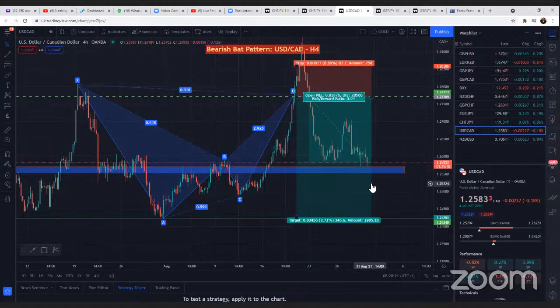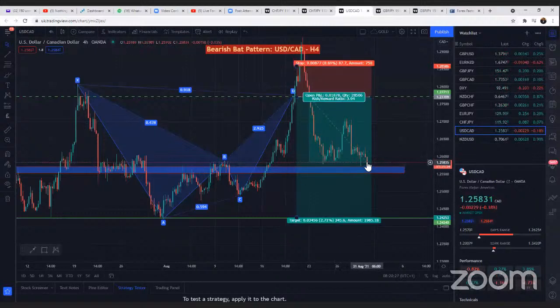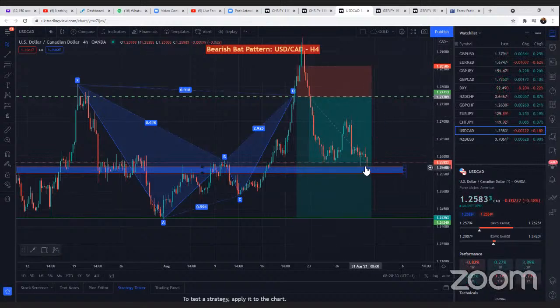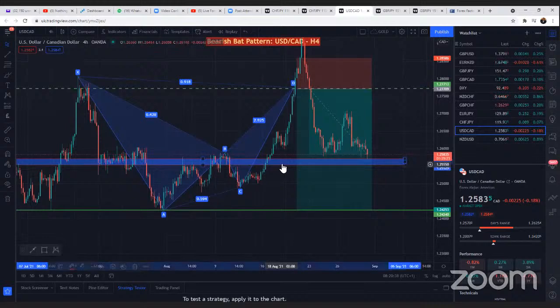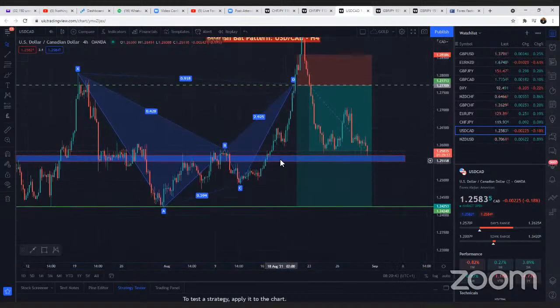So I personally would not be doing anything now when price is at support. I would either wait for it to bounce up, or break lower than this rectangle I've drawn.